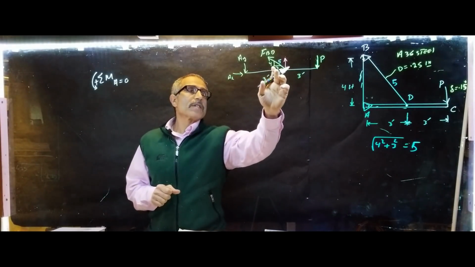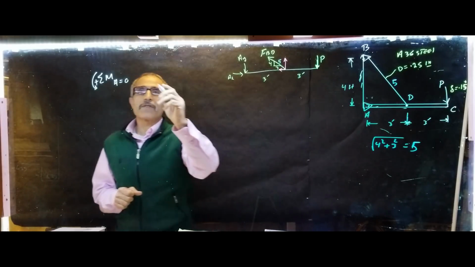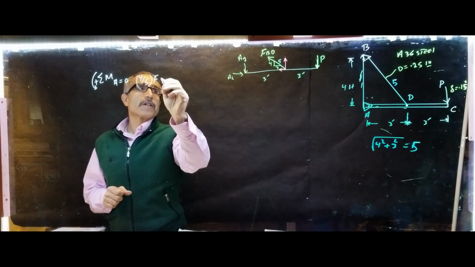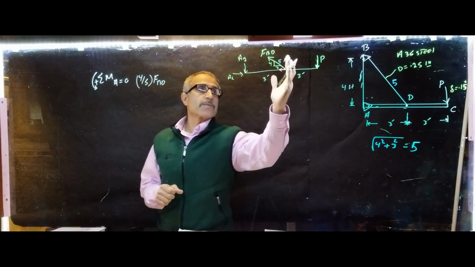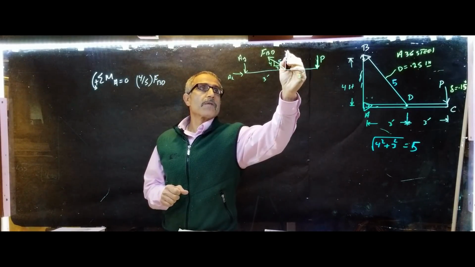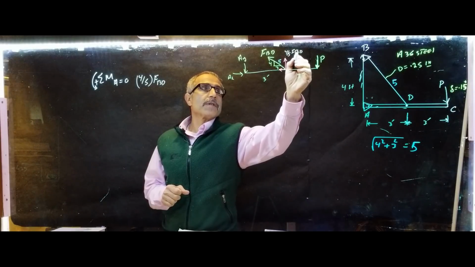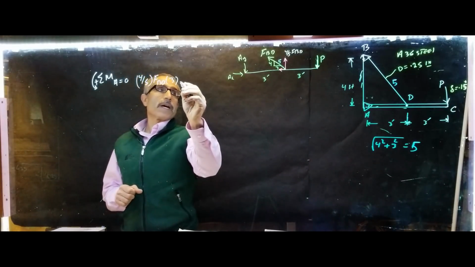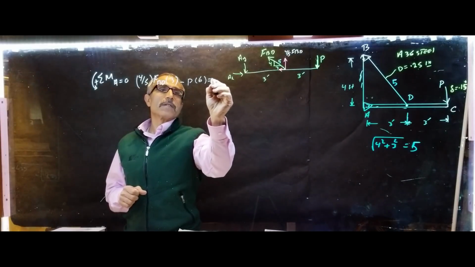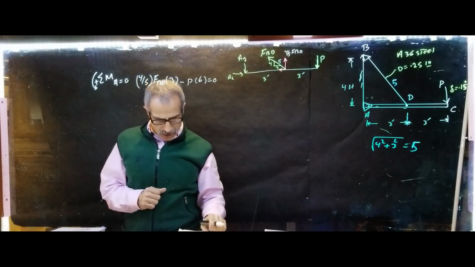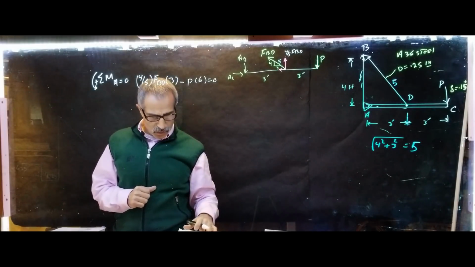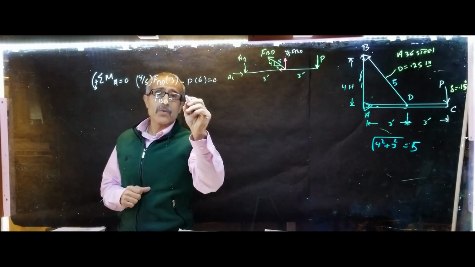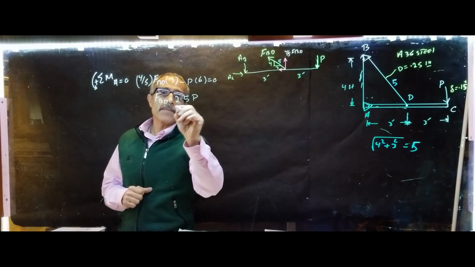Remember, this is 4, 3, so that's 4 over 5 of FBD, multiplied by 3, and that's positive. Then minus P times 6 is equal to 0. If you simplify that, FBD is equal to 2.5 P. Good enough.